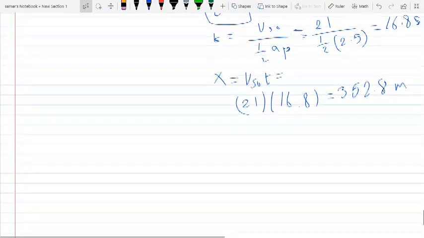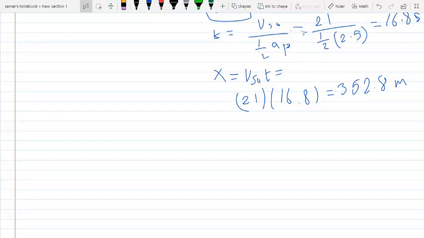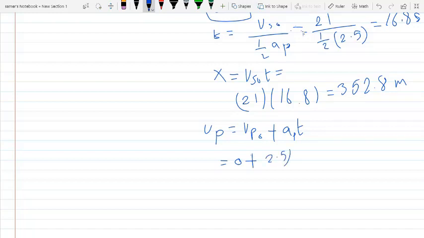Now, to find the velocity of the policeman at this point when he catches the speeder, we can simply apply this equation: v police equals v police 0 plus a police times t, because we have time, so we can use the first equation. v police 0 is 0 plus a police, which is 2.5, times t, which is 16.8.